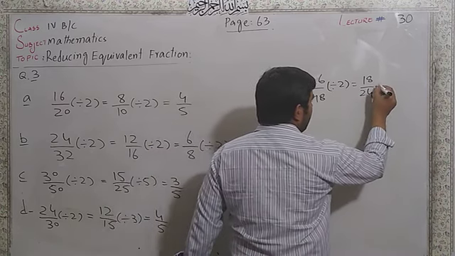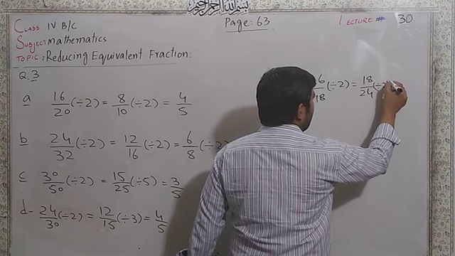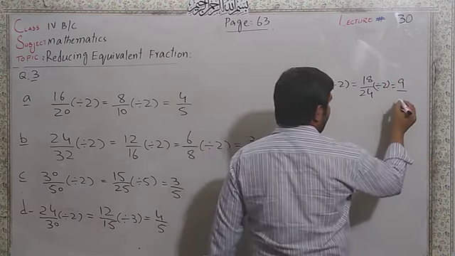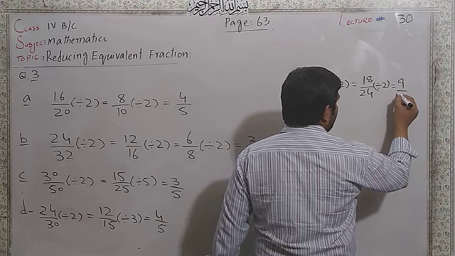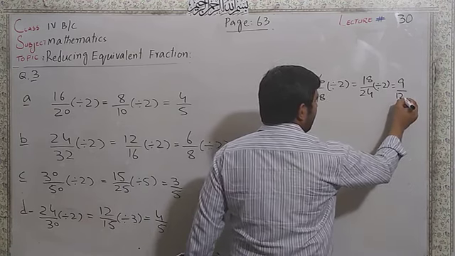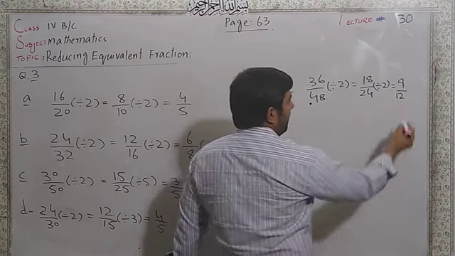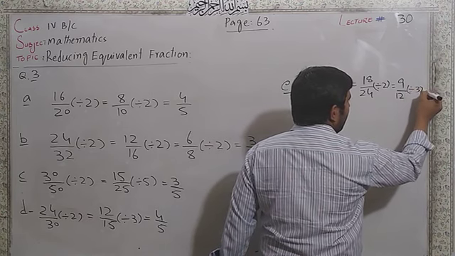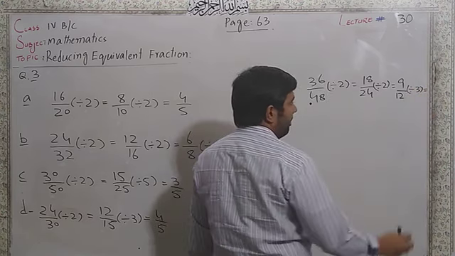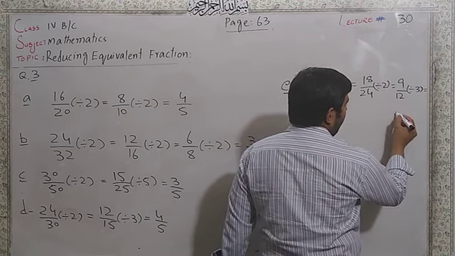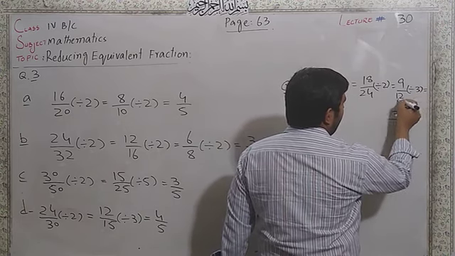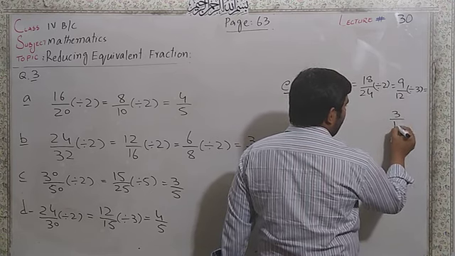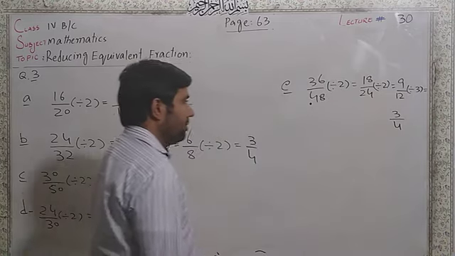You can divide more with 2. 18 divided by 2 will be 9 and 24 divided by 2 will be 12. This is 9, this is 12. We can divide with 3. 9 divided by 3 will be 3, and 12 divided by 3 will be 4, and this is your answer.